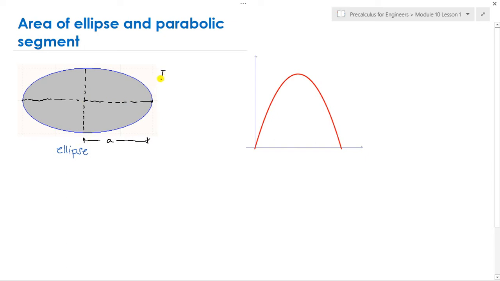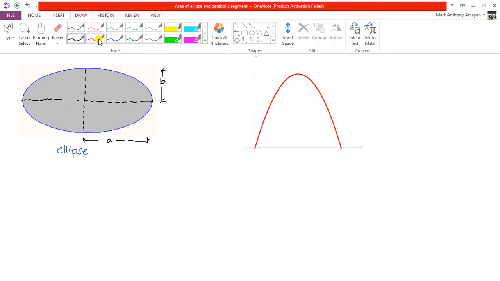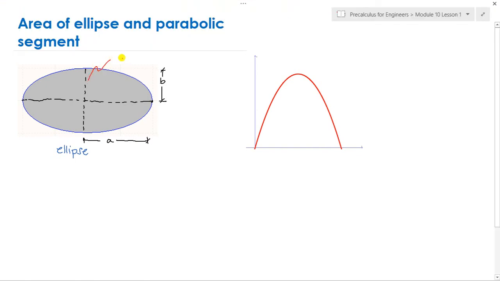And then this is the minor axis. Ang half niya is B, so the total length of the minor axis is 2B.